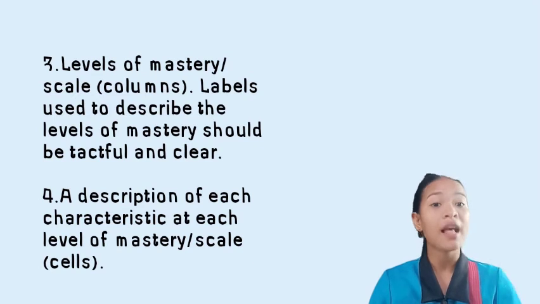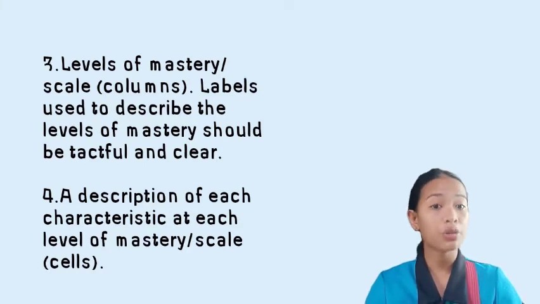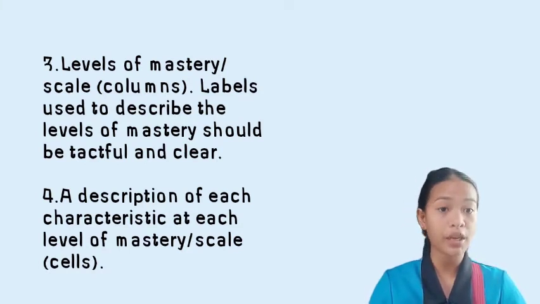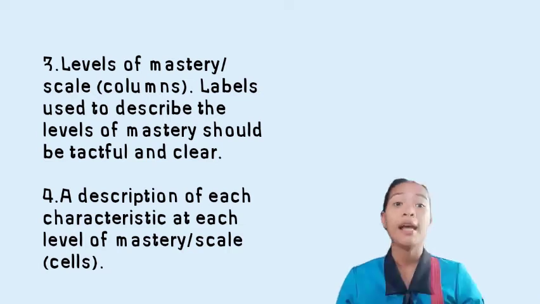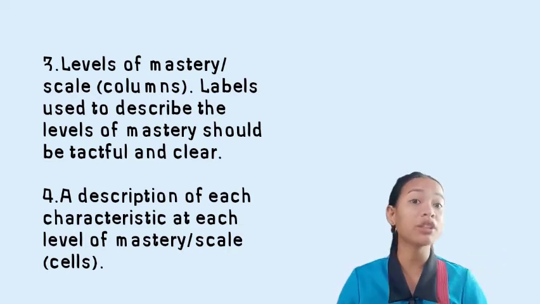Number 3, levels of mastery or scale, or the columns. Labels used to describe the levels of mastery should be tactful and clear. Number 4 is a description of each characteristic at each level of mastery. Those are the 4 basic parts in the simplest form of a rubric.